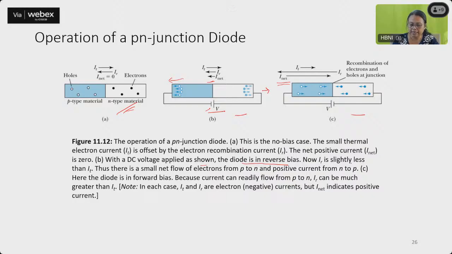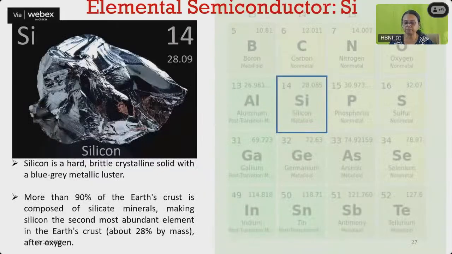Now IR is slightly less than IT. Thus there is a small net flow of electrons from P to N and positive current from N to P. In the final case, the diode is forward biased, and because current can readily flow from P to N, IR can be much greater than IT, and this is how a diode conducts.